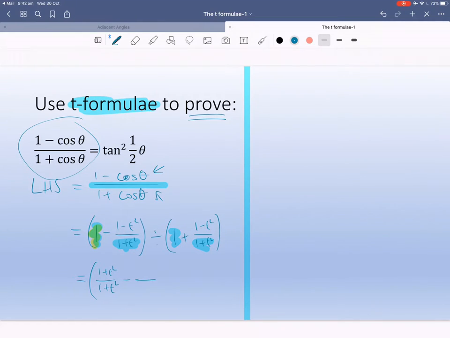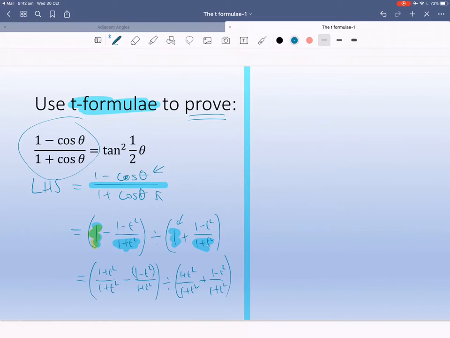Minus 1 minus t squared, and I'm going to put a bracket around there, and hopefully you can see why. And I'm going to do the same with the second one: 1 plus t squared over 1 plus t squared, which is just 1, plus 1 minus t squared over 1 plus t squared.